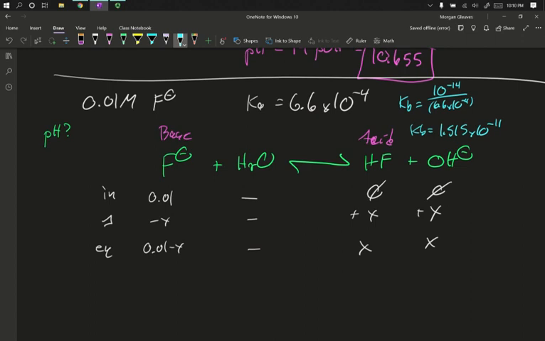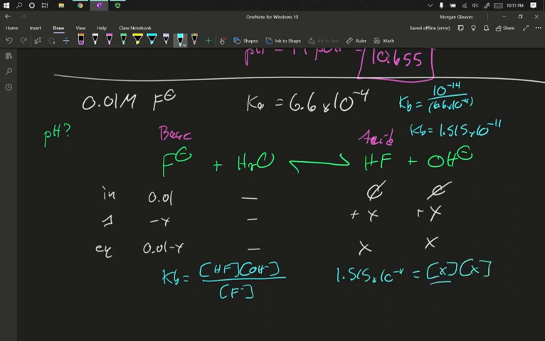So I can set up my equilibrium expression. My Kb is going to equal my products, HF and hydroxide, over F minus. 1.515 times 10 to the minus 11 is going to equal X for my HF, X for my OH minus, and 0.01 minus X for my F minus.